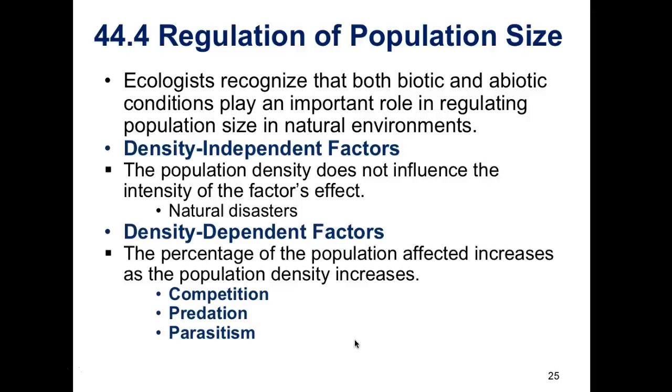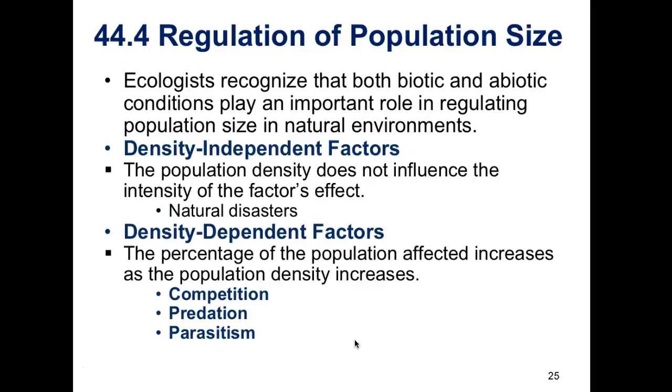Density-independent is exactly how it sounds. The population density does not influence the intensity of the factor's effect. So population size has no influence on what will happen to the population or what will affect the population. For example, natural disasters.